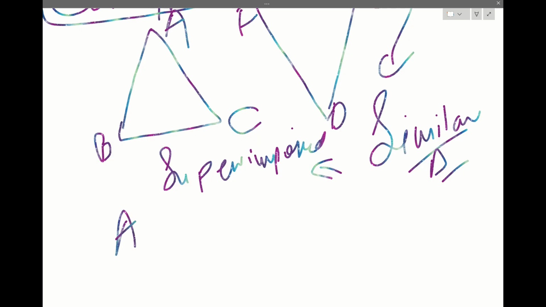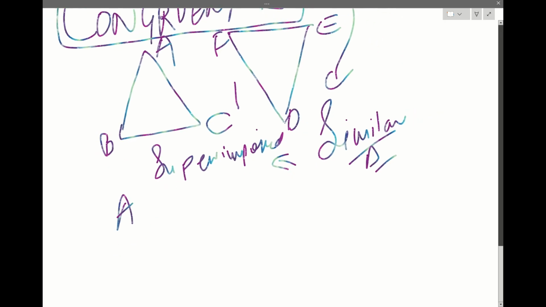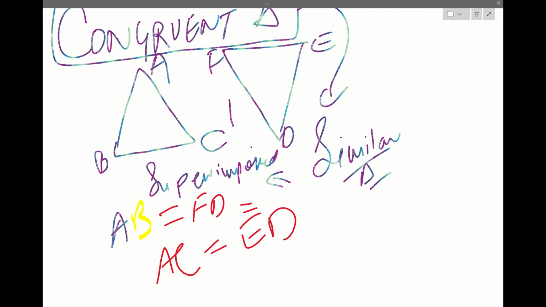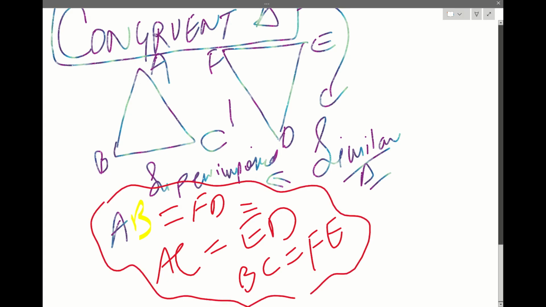For example, in this figure, if AB equals FD, AC equals ED, and BC equals FE, such triangles are known to be congruent triangles on the basis of the side-side-side criterion.